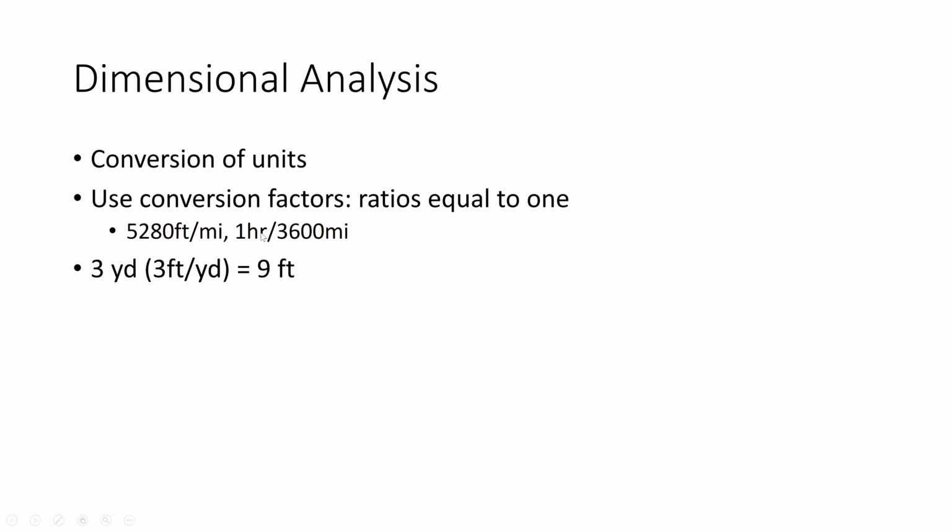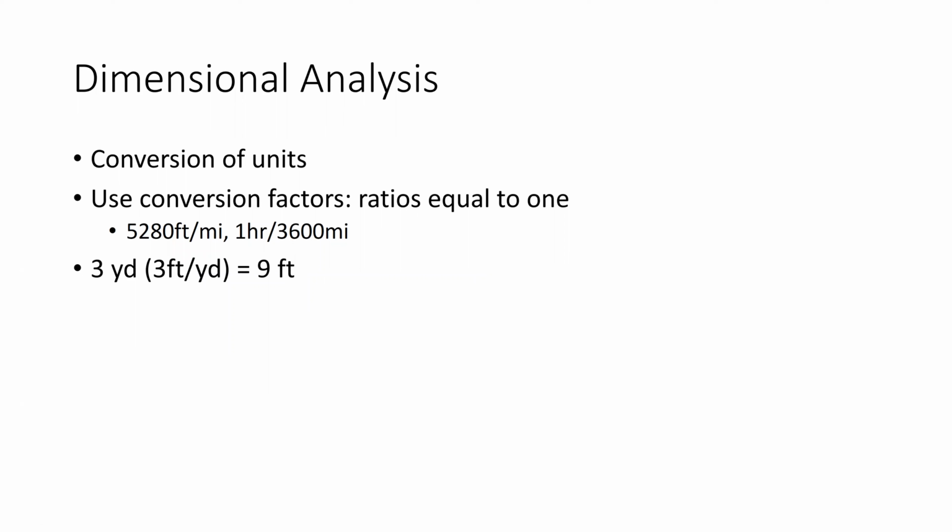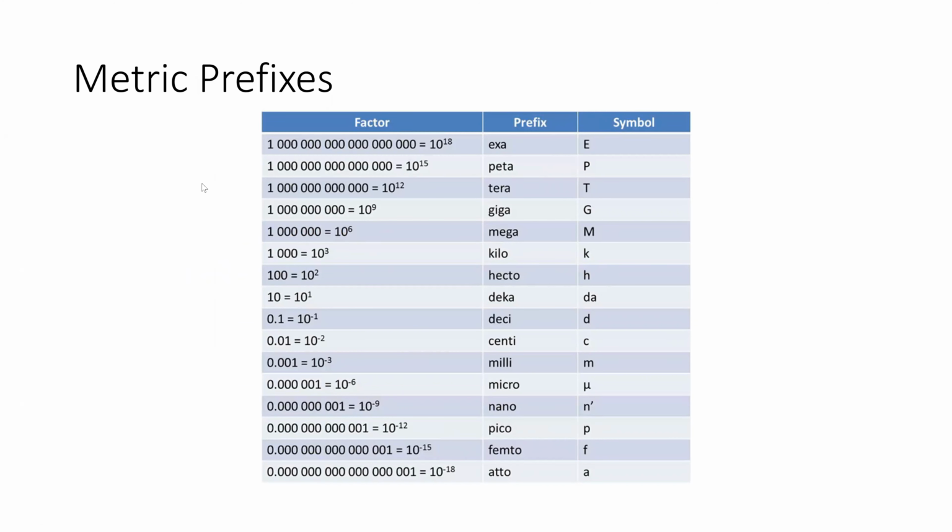As an example, how would we convert yards to feet? We know that there are 3 feet in a yard. So we multiply 3 yards by the ratio 3 feet per yard, and the yards cancel out, and we get 9 feet. So just use conversion factors. It's not too tricky.